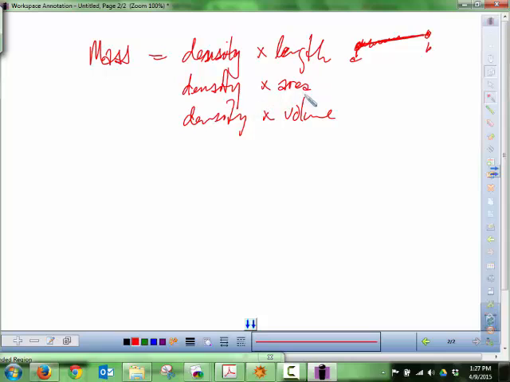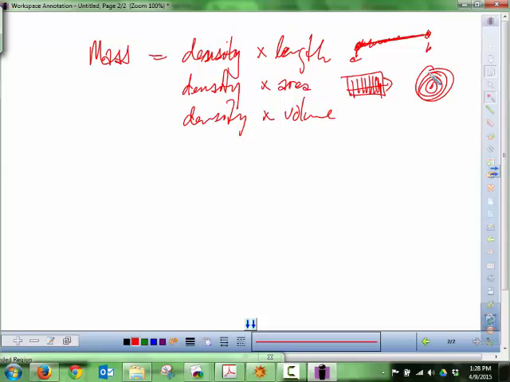Now, in Calc 2, density times area, it depends on what the area is. A lot of times you're dealing with some sort of linear rectangular area where the density changes as you go along an axis. And then maybe they got fancy one time where they changed the density with respect to the radial distance.